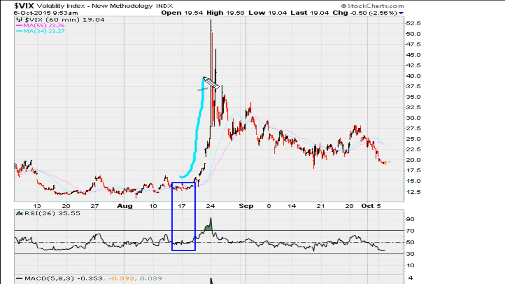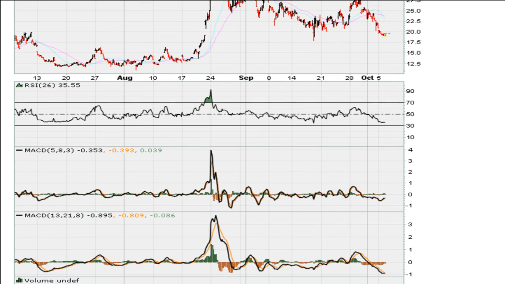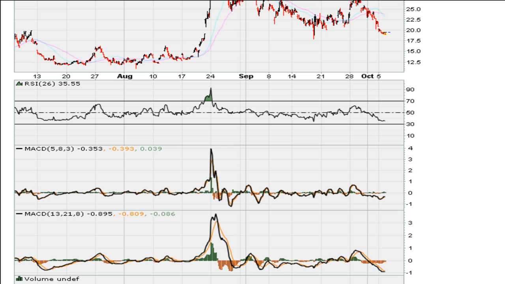We went on a very sharp move here on the VIX, and that also corresponds nicely with the fact that at that particular point you can see that both MACDs held here above the zero line and here above the zero line. So both MACDs were holding above the zero line right there, and subsequently you can see that they continued pushing above zero, and that's when you get that spike in price.